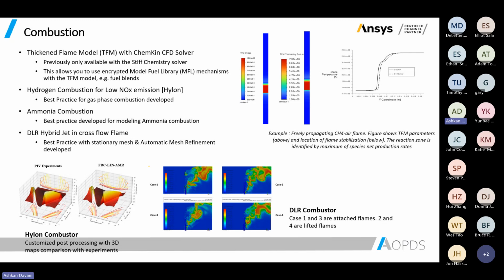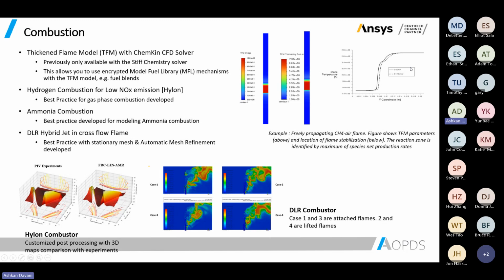This enables you to use model fuel libraries and more detailed reactions if you want to, which results in having much more data to process, like intermediate species, and it's especially good if you want to design, for example, low pollutant combustors.